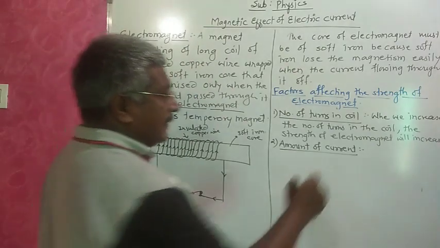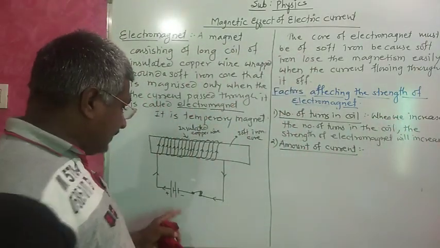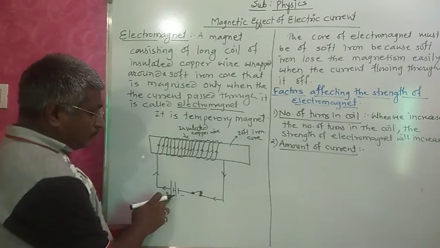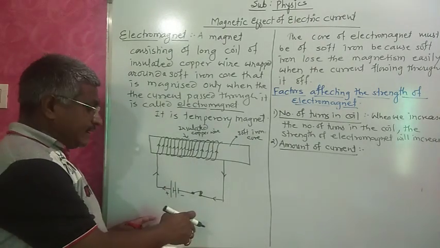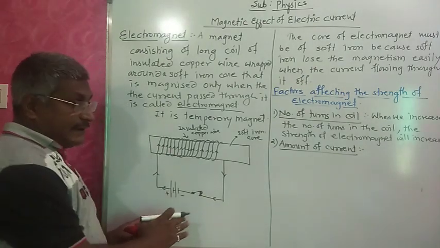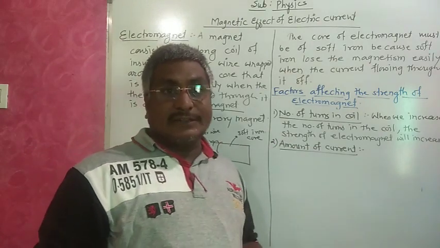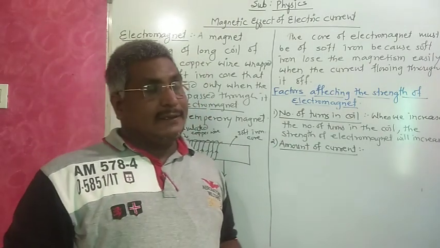If we increase the current in the circuit, for example using 4 cells in place of 2 cells, the amount of current is increased. So if we increase the current, the strength of the electromagnet will increase.